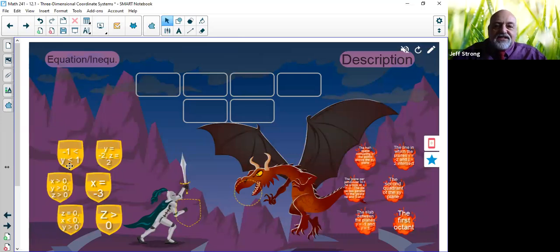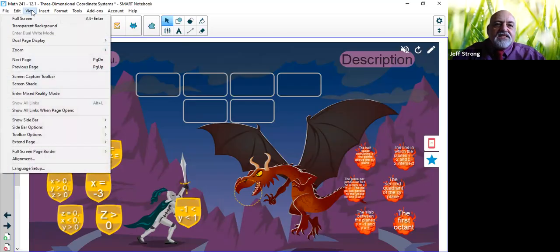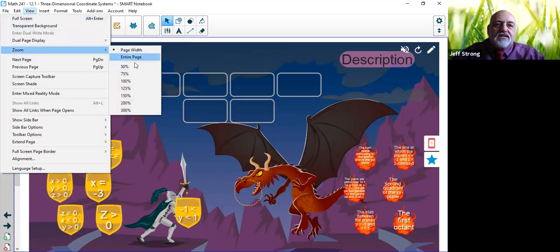So this would be -1 is less than y is less than 1. If we put that over here, that would be the space between those two planes. Let me see if I can make this a little bit bigger.